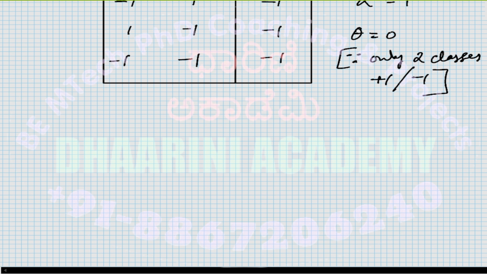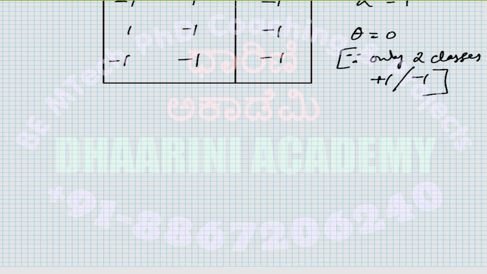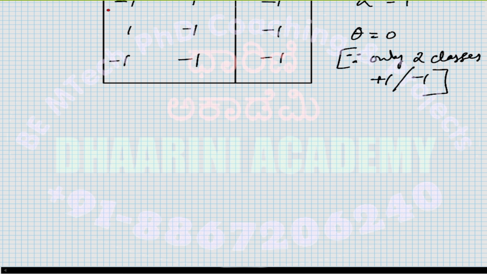Now, once you give all the four sets of inputs and then you repeat the four inputs once again, it is called an epoch. This is epoch 1. Epoch 1 indicates that for the first time I'm giving the four different inputs.